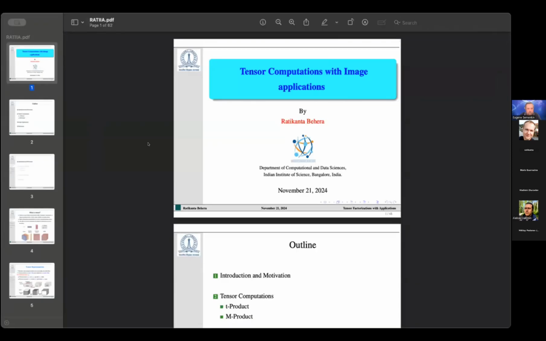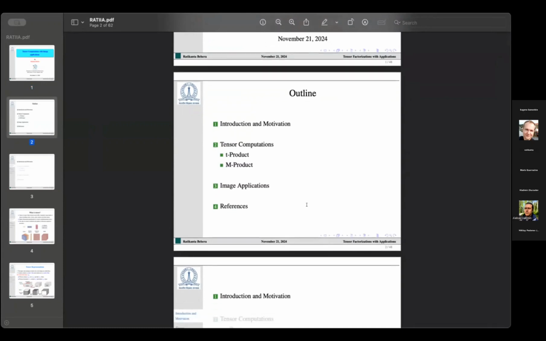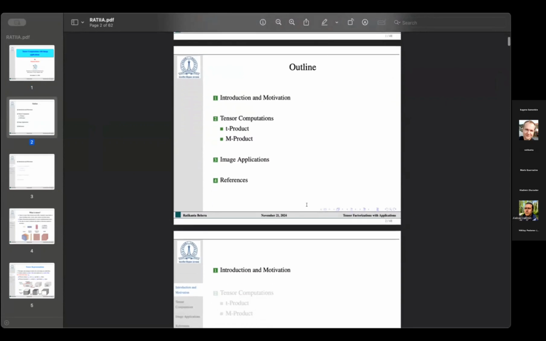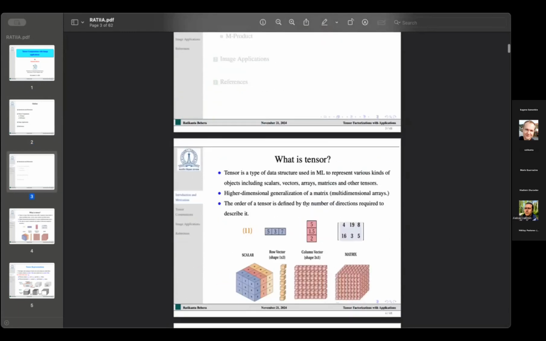So in this talk, we'll talk about, first of all, the introduction and motivation of these tensors, and then different ways to compute these tensors. First of all, the T product, and then we'll talk about the M product. Then we'll talk about a specific image application where we can apply our tensors.